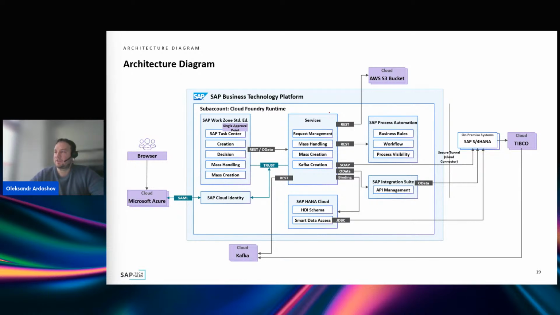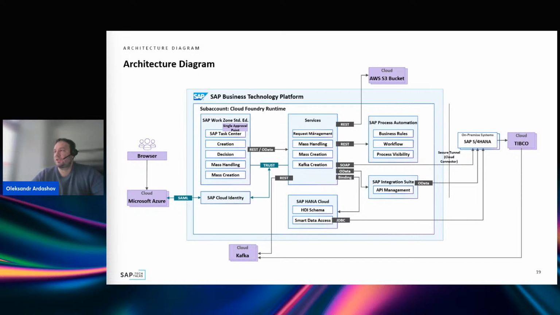And a set of custom services, which we defined with the help of the CAP framework. Those services can be used and leveraged by Build Process Automation, or those services may call Process Automation.